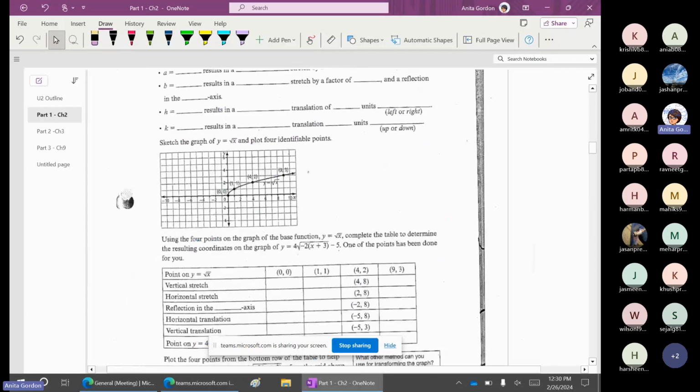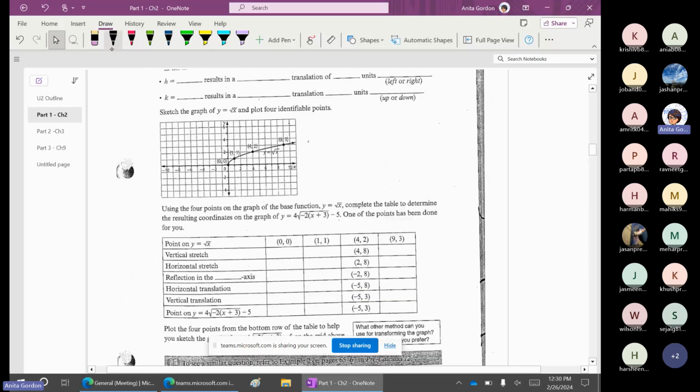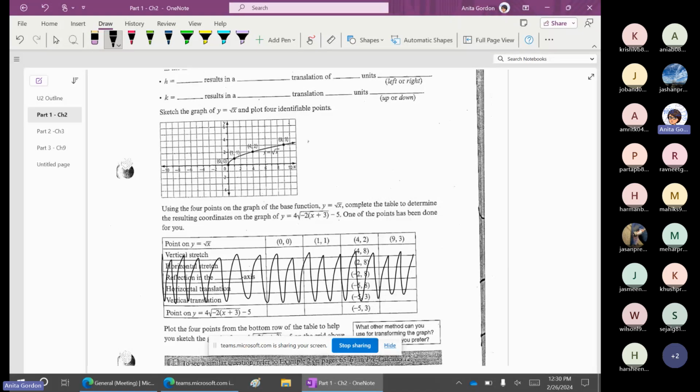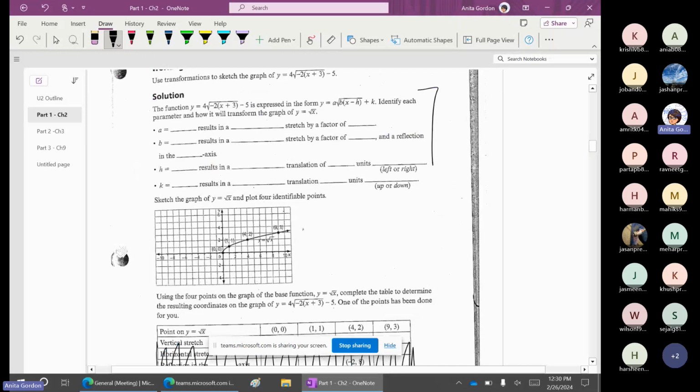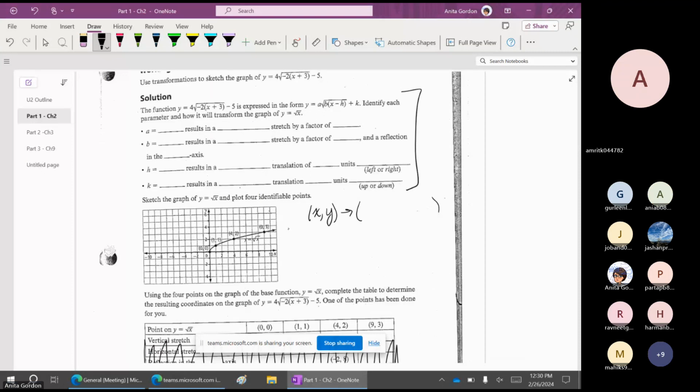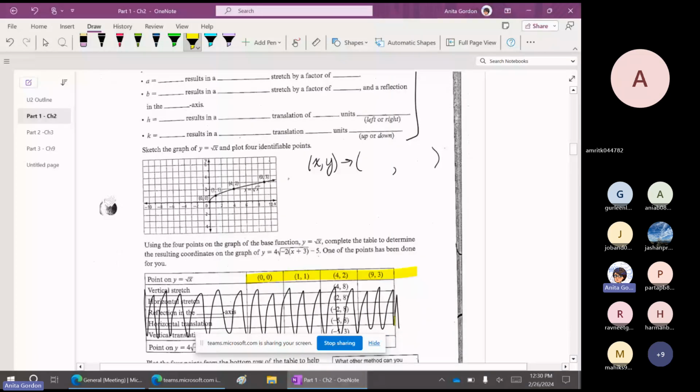In this example, I'm going to cross out all this bit here. I want you to do this example on your own. Fill in the chart. I want you to show me the mapping notation. And I want you to remap these 4 points, but one of them is already done for you.